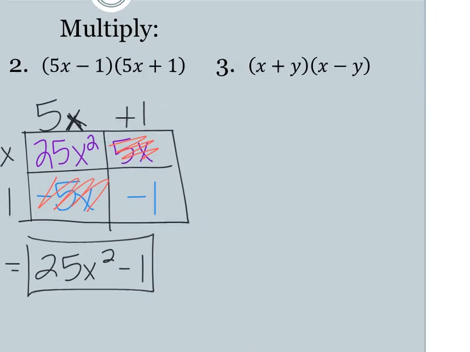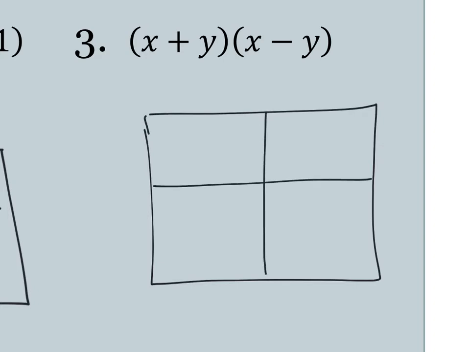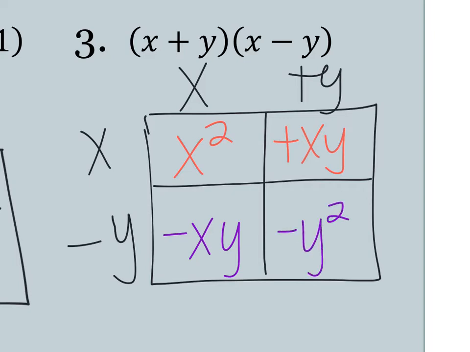And number 3, I'm going to draw that box again. Okay, so x plus y, x minus y, and we can go ahead and fill out our rows. So x times x is x squared, x times y is a positive xy, x times negative y is negative xy, and negative y times y is negative y squared.